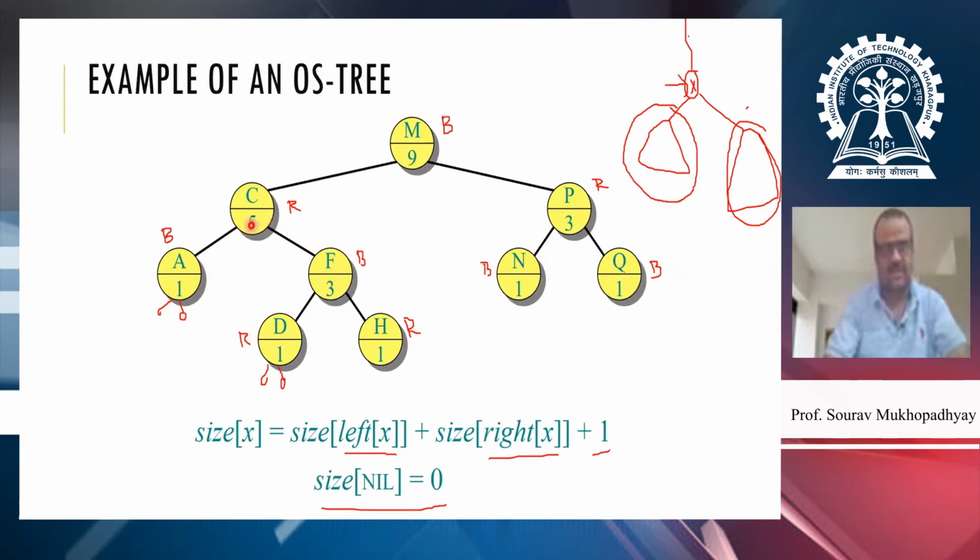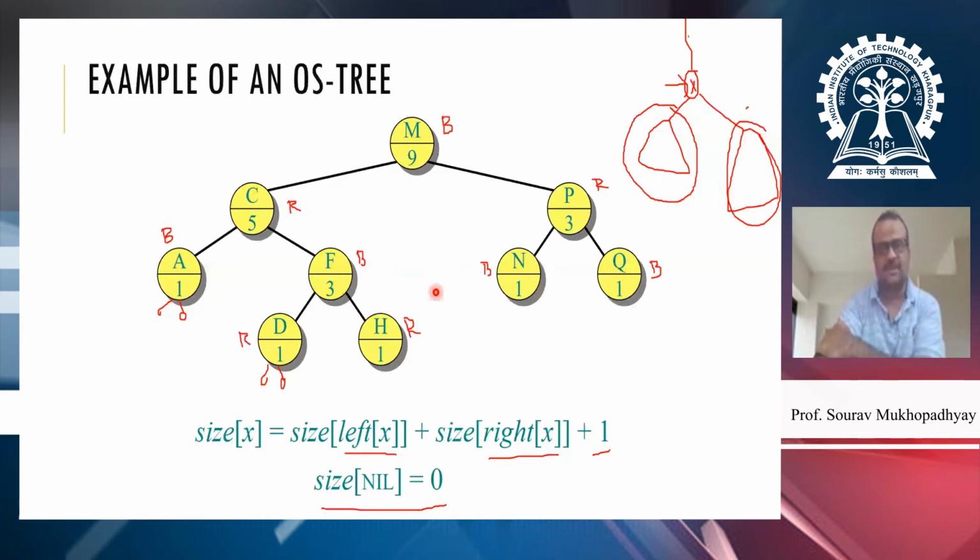Similarly, for this node, the size of A is 1 here, and the size of left is 1, and the size of right we can just check in this field, 3. So 1 plus 3 is 4, plus 1 for this node itself, so 5. This is the size of the subtree rooted at this node C. A total of 5 nodes are there.